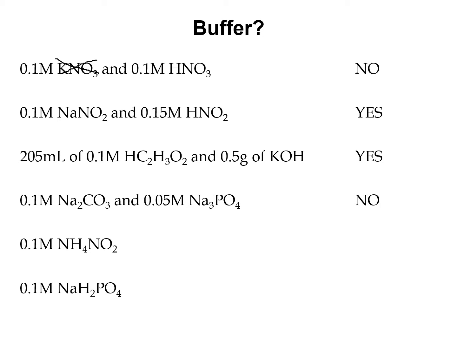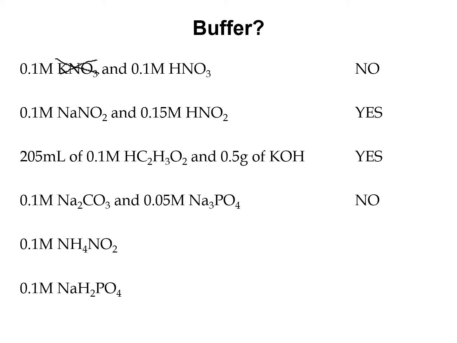Here we have 0.1 molar ammonium nitrite. So remember, if we have one substance where each ion can absorb the hydrogen or the hydroxide, there are no spectators, so it doesn't make a strong acid or strong base. That one salt can be considered a buffer.